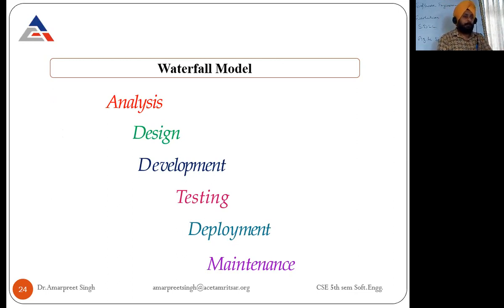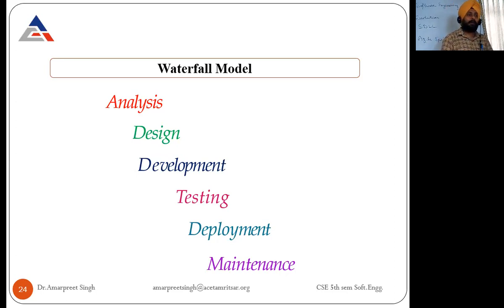One important thing about this waterfall model is there is no feedback between the different phases. All the phases are covered one by one. When you complete the first phase, only then do you move to the second phase.